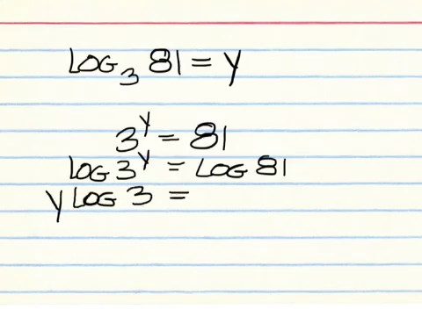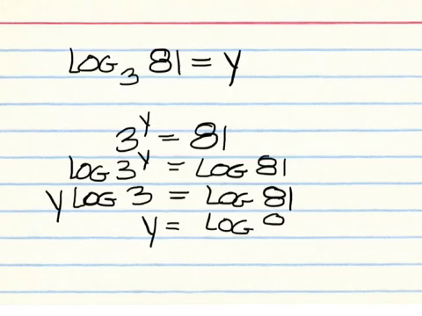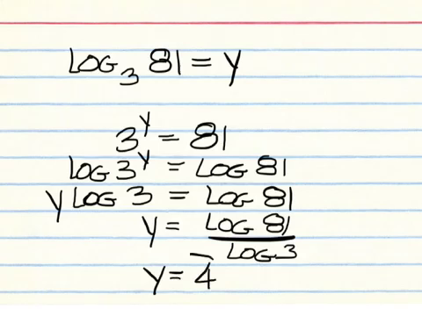So you have y log 3 equals log 81. To get y by itself, you divide log 81 by log 3. And you should come up with an answer of what? 4.